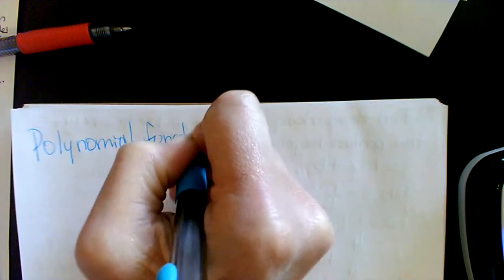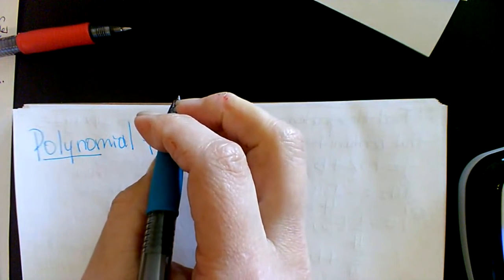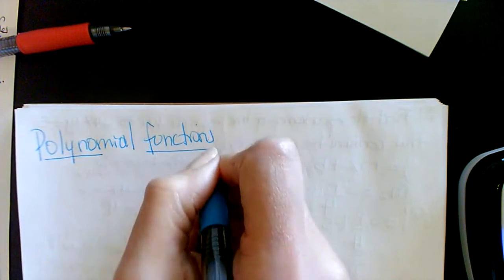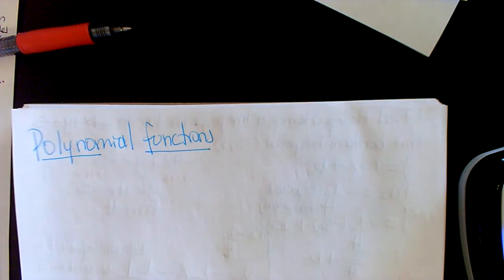Now, let's do polynomial functions. Polynomial functions often appear in word problems. So we need to interpret either the function or the results of that function. Okay, so for example, let me write this down.